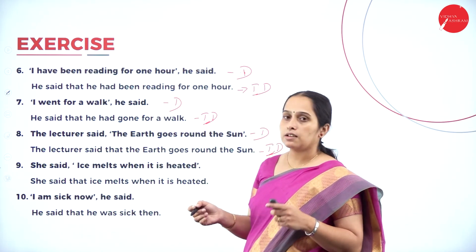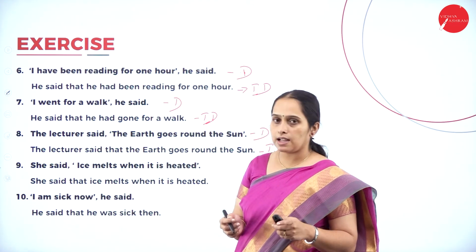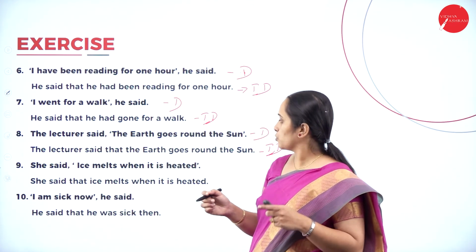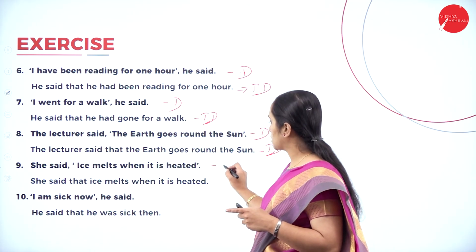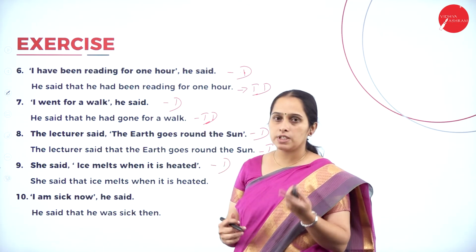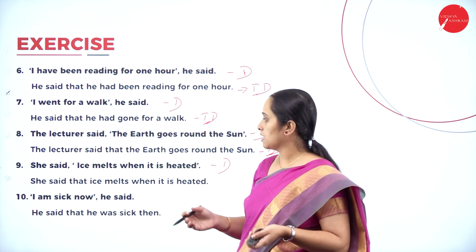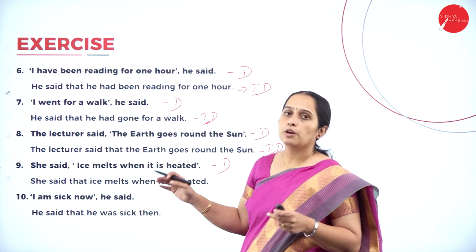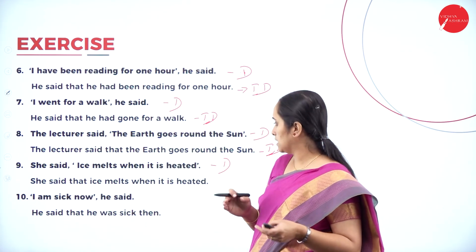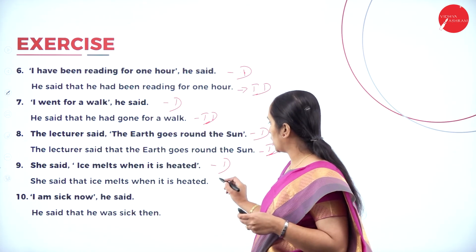So, next, the ninth one. She said, "Ice melts when it is heated." So, this is direct speech. And when we change it to indirect speech, it is: She said that ice melts when it is heated. Next one.